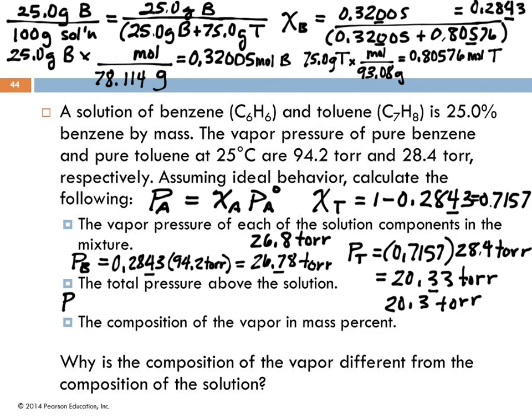So the total pressure is going to equal the 26.78 torr plus the 20.33 torr. 47.1 torr is the total pressure.